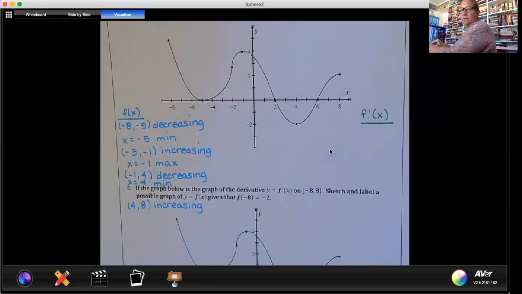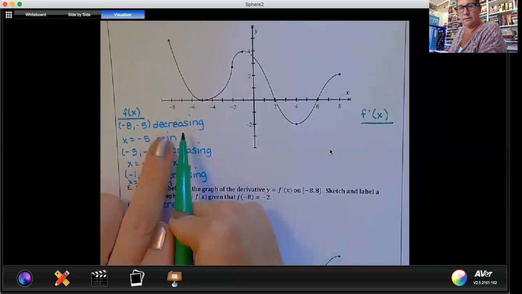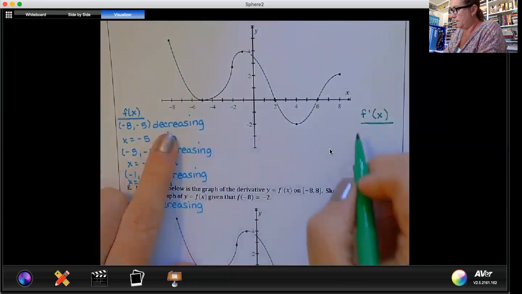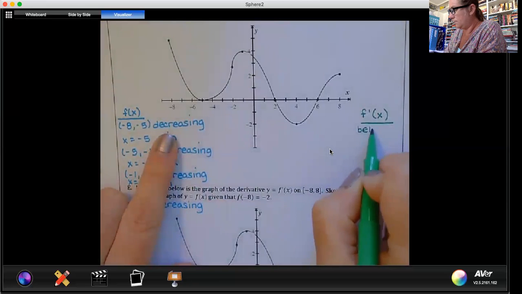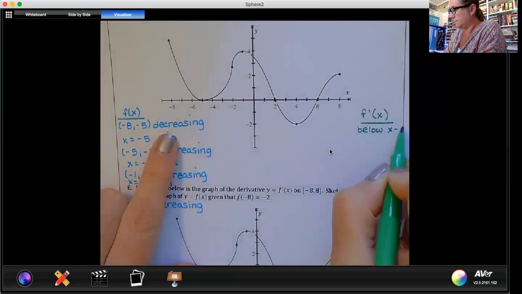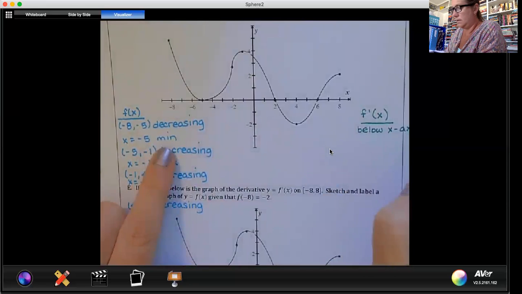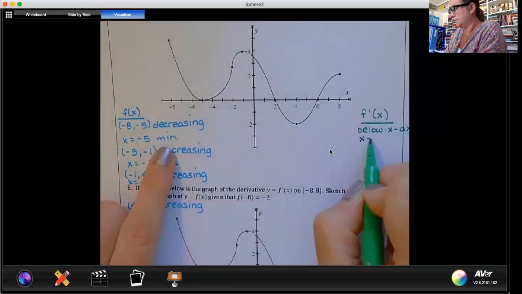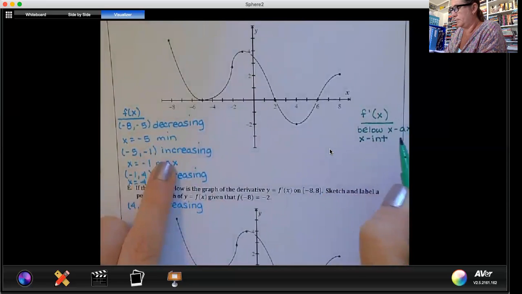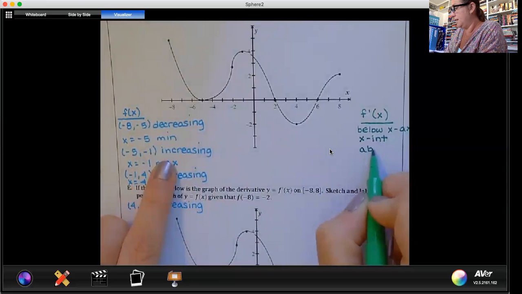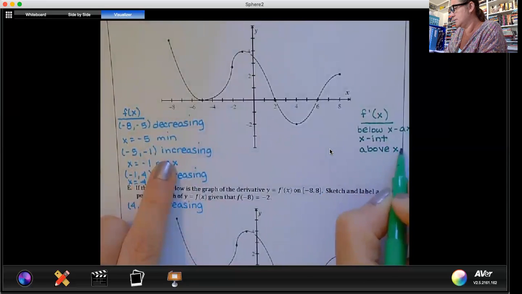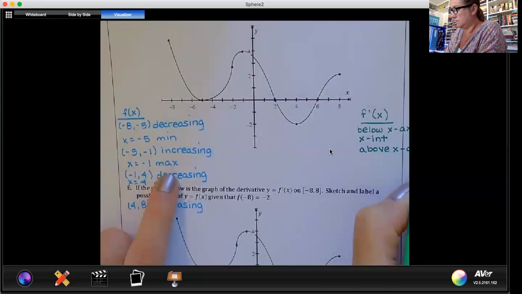All right, so looking at decreasing, that means on f prime, we will be below the x-axis. The minimum point will be an x-intercept. Increasing will be above the x-axis. Maximum will be an x-intercept.